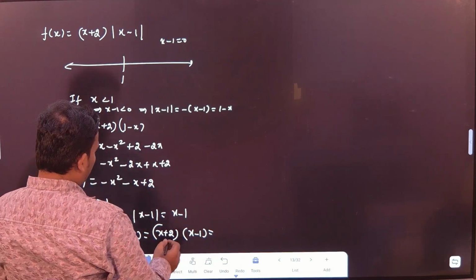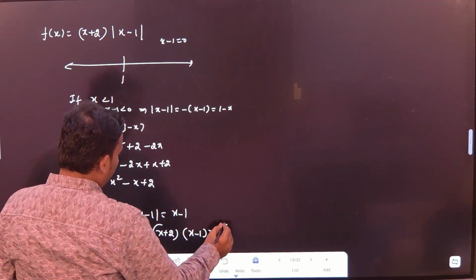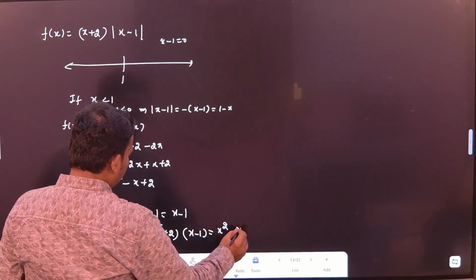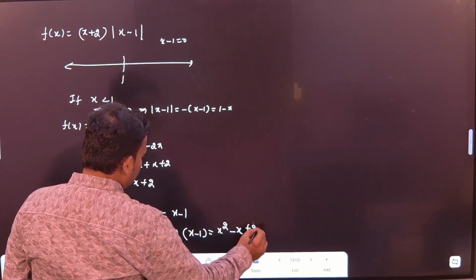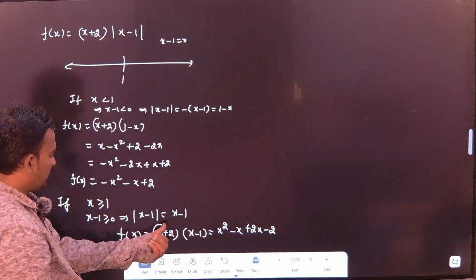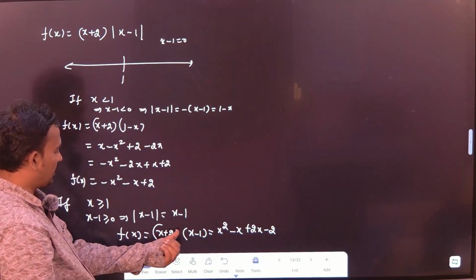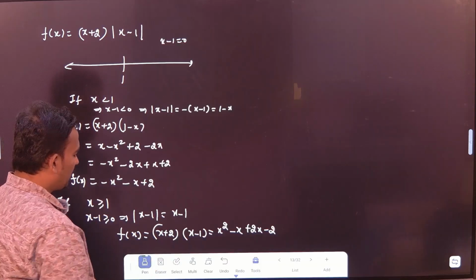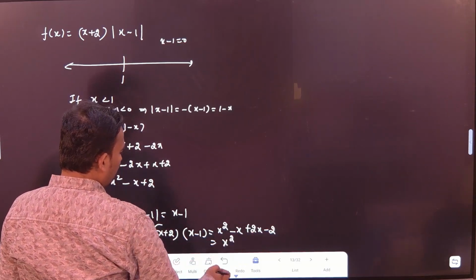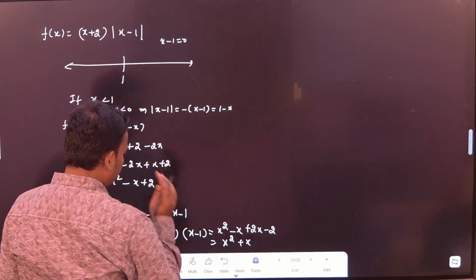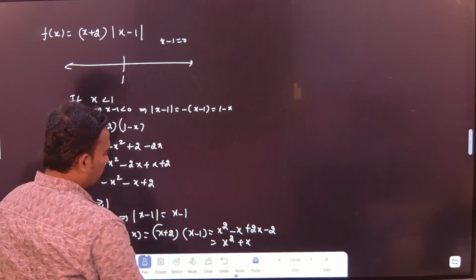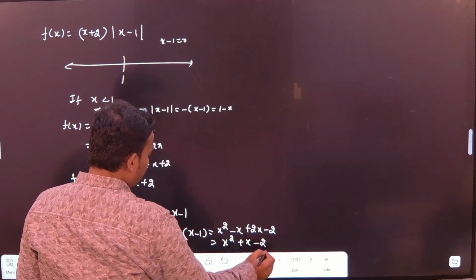Then you can see x square minus x plus 2x minus 2. 2x minus x is plus x. So x square plus x minus 2.